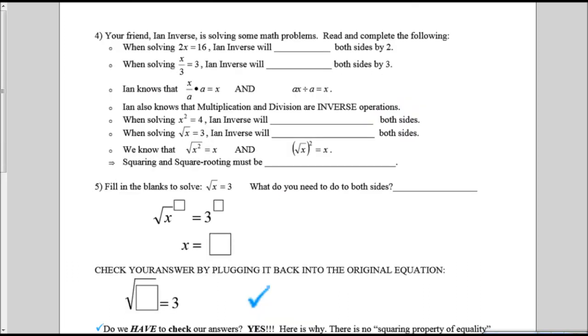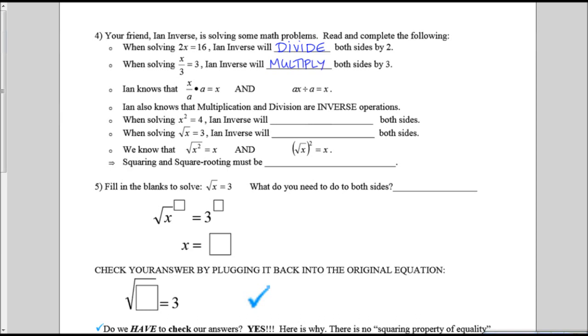On number 4, it says your friend Ian Inverse is solving some math problems. Read and complete the following. When solving 2 times x equals 16, Ian Inverse will divide both sides by 2. When solving x divided by 3 equals 3, Ian Inverse will multiply both sides by 3.